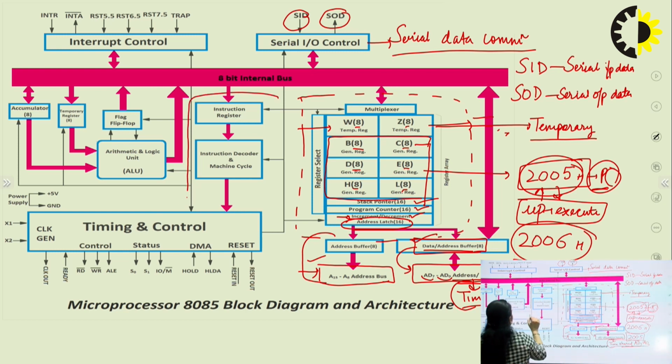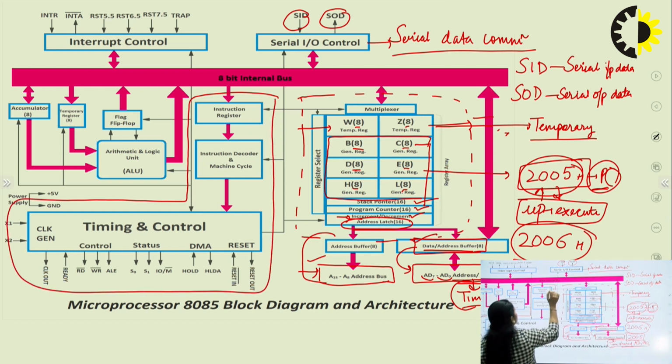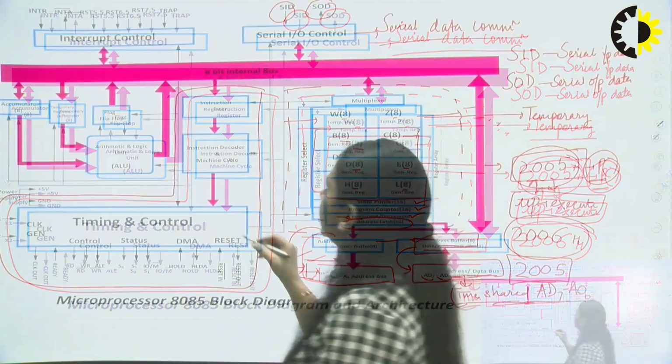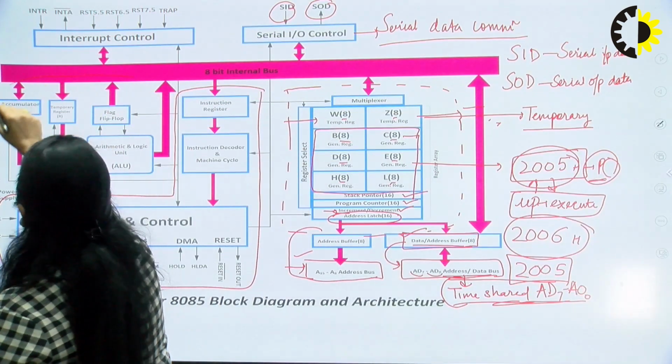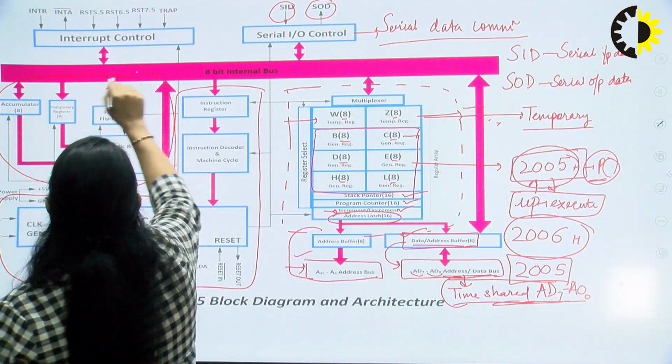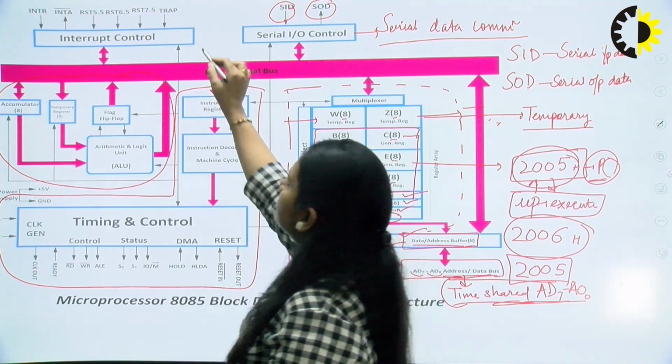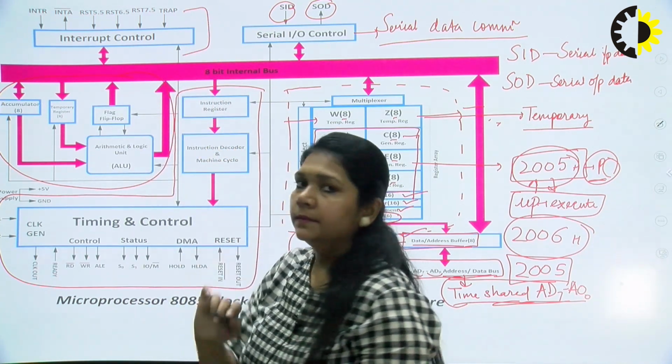This group is the instruction register, decoder and timing control group. This is our arithmetic and logical group, and this is our interrupt control group.